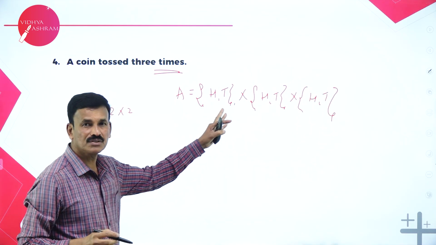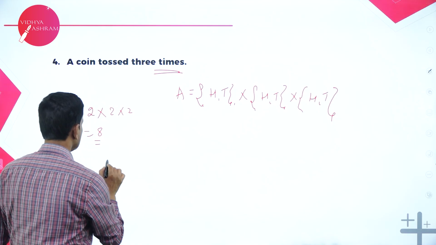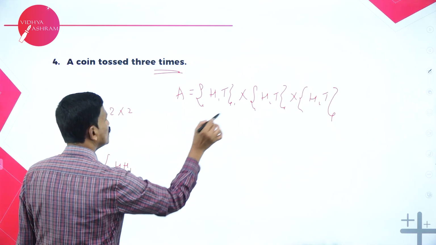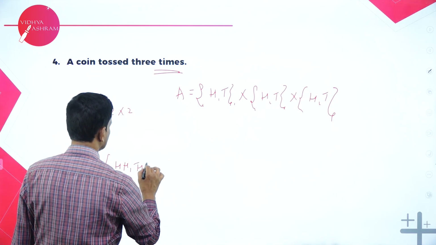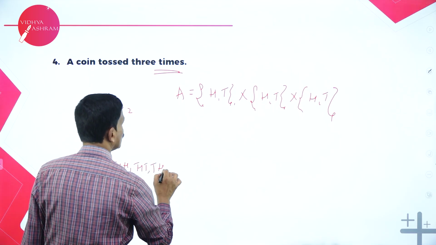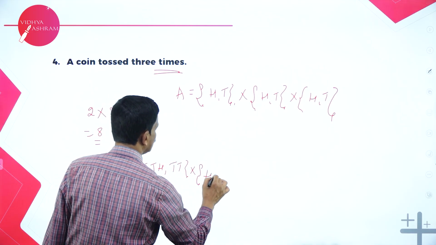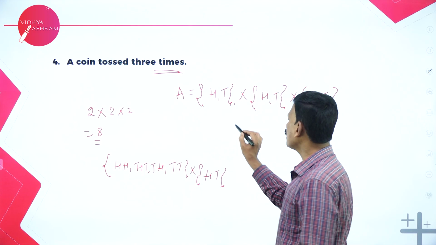First, just write down the cross product for these two. What will we get? Head and head, head and tail, then tail and head, tail and tail. Now, just multiply this with head and tail. What will we get?